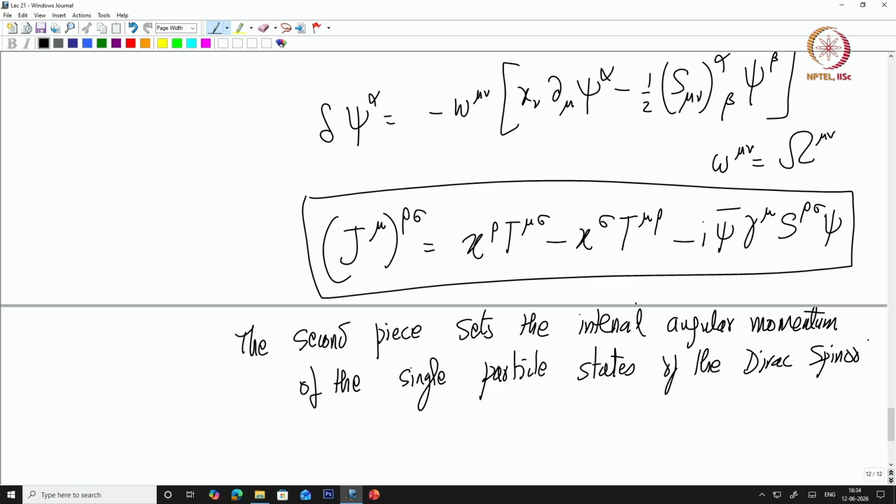So after quantization, which we will see, we will show that the spin is half.